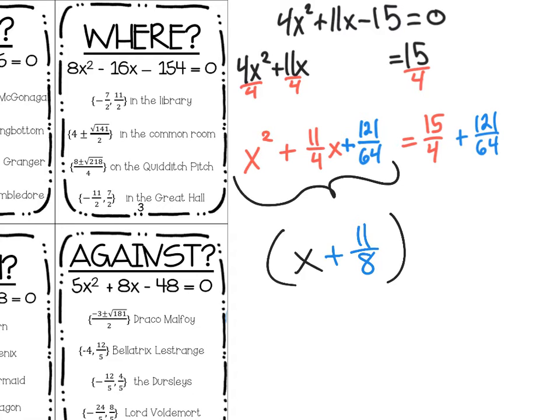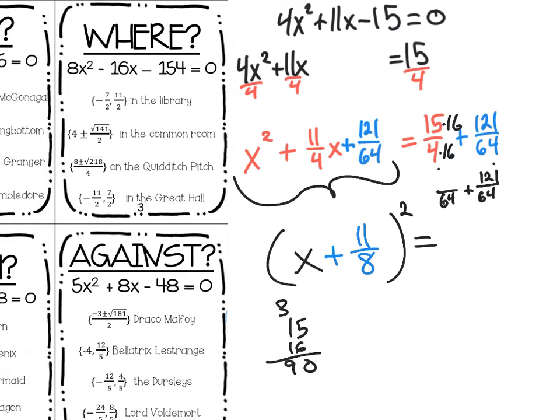So I'm going to get that squared equals, and then on this side, I have two fractions with unlike denominators. So as a quick step, I'm going to change both of the denominators to 64. This is still going to be 121. But what did I do to get from 4 to 64? I times it by 16, which means I times the top by 16. I feel like I might need a calculator, but I don't feel like going to get it, so I'm just going to do it over here.